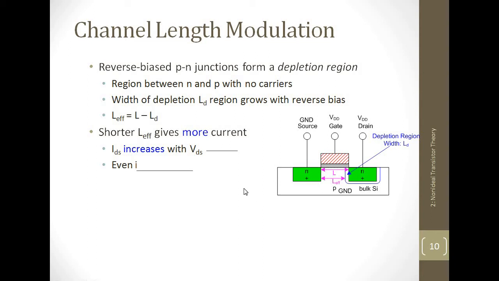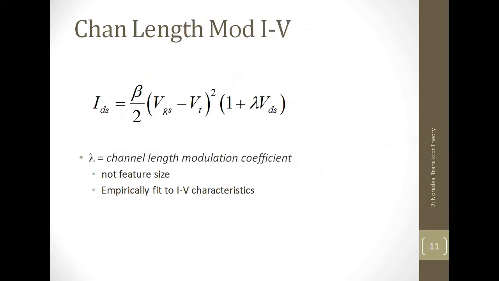So the width of the depletion region grows with reverse bias, and the effective channel length L effective is L minus LD. So the drain current ID increases with VDS, even in saturation.